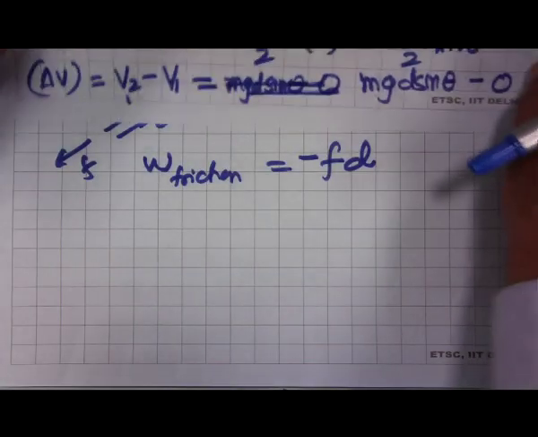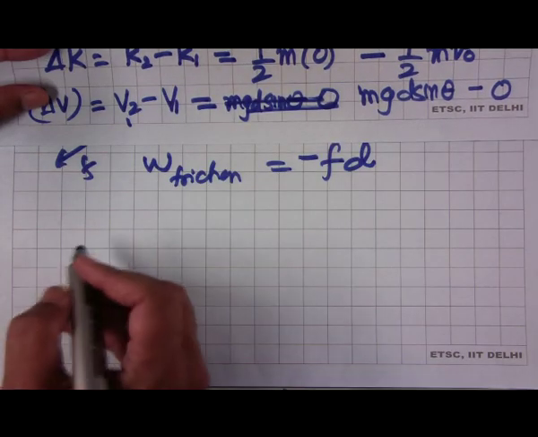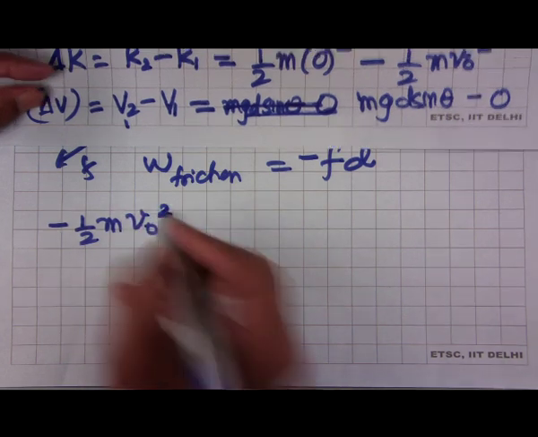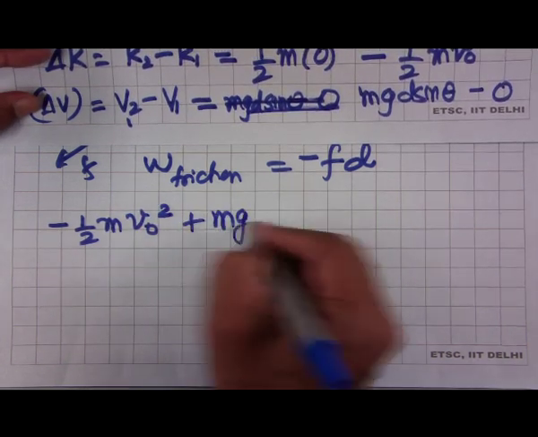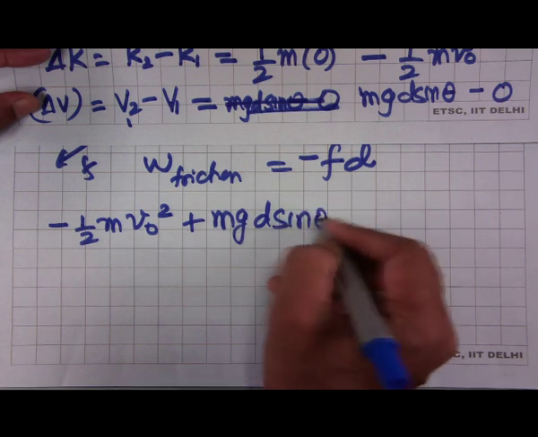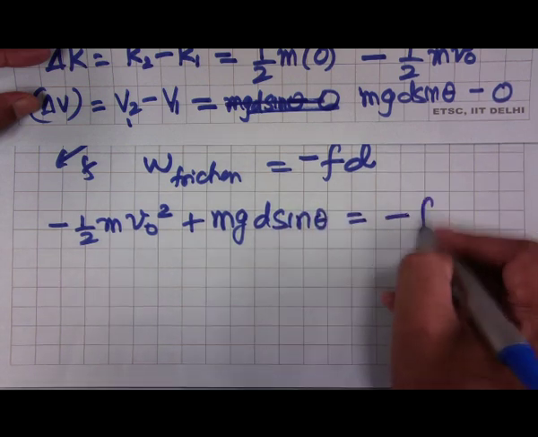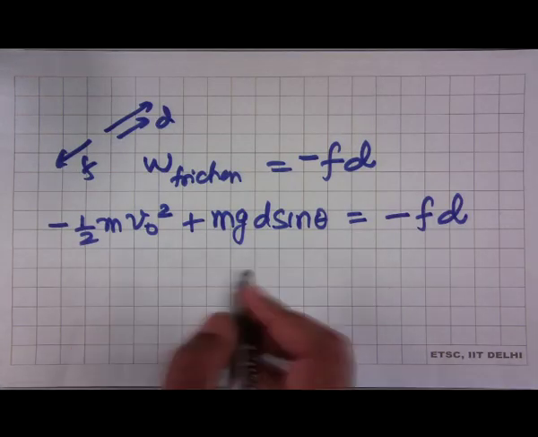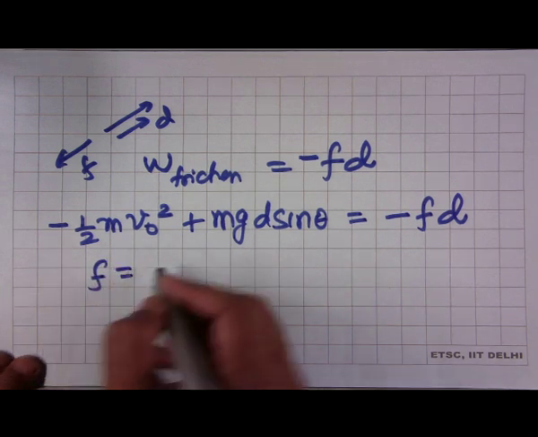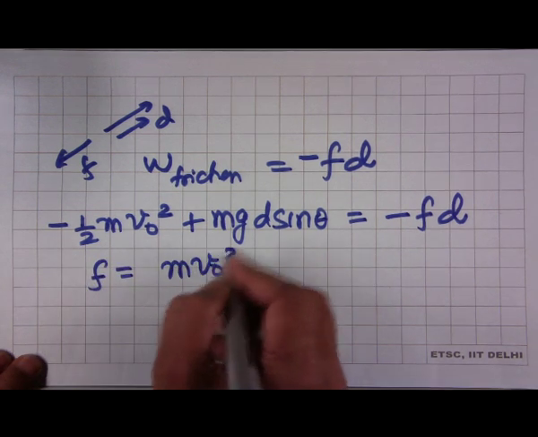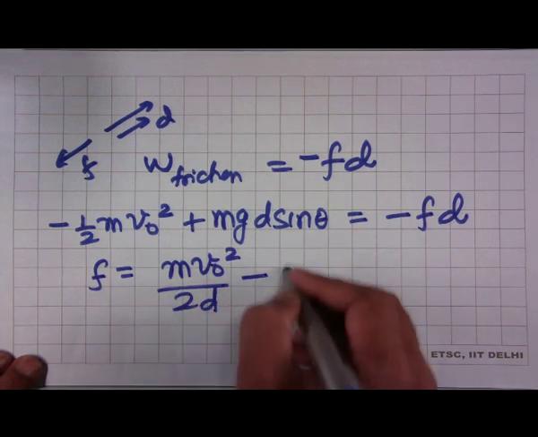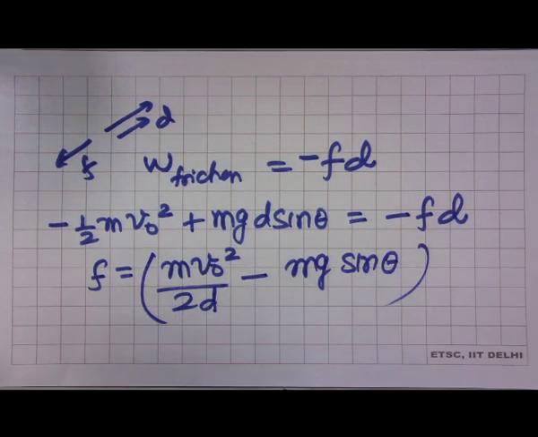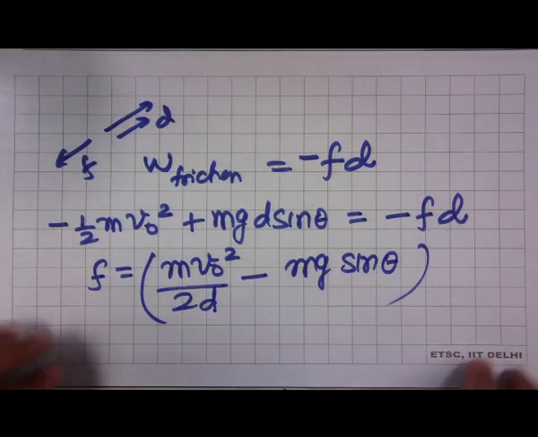Now, combining everything, we get minus half m V0 squared plus mg d sin theta is equal to minus F times d, and from here F is equal to m V0 squared by 2d minus mg sin theta. So, we get the value of the friction force.